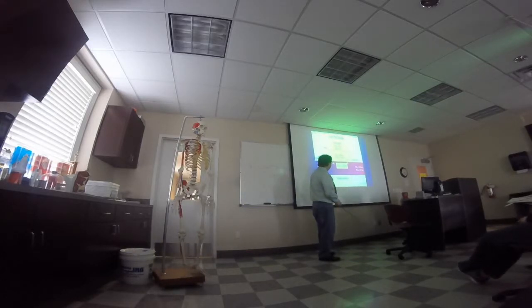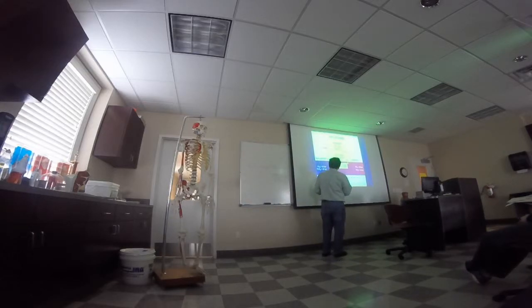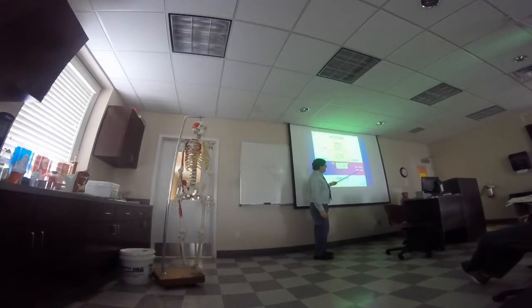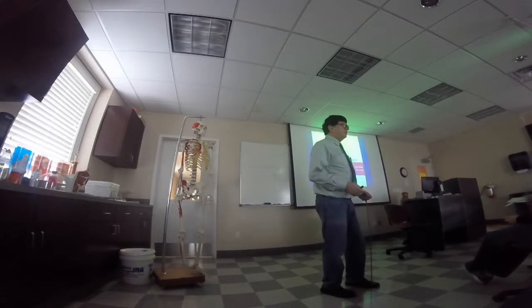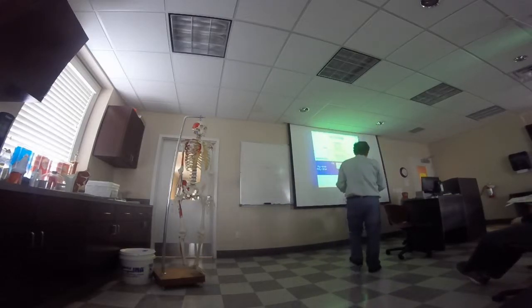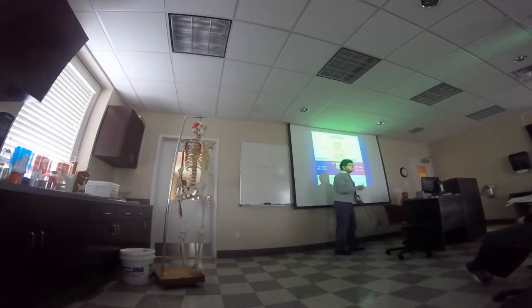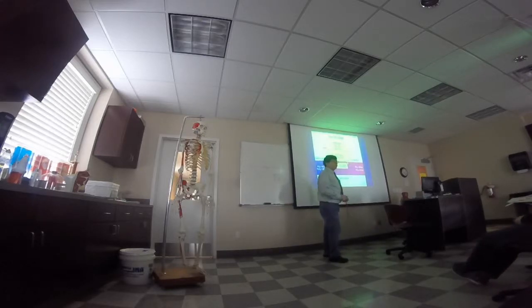And then at the same time, this blood carrying a partial pressure of CO2 of 40 is going to pick up more CO2. And so when it returns, it's going to have a higher CO2 content, a higher partial pressure. Does that make sense? So what happens after this is internal respiration. Oxygen's going to leave, CO2 is going to be picked up, and then it's going to return to the lungs.